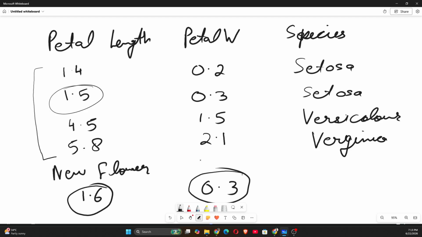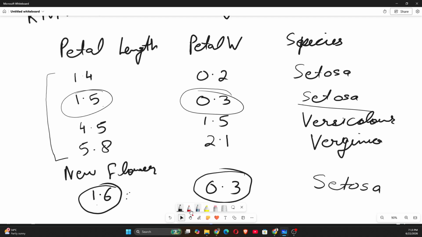Petal width 0.3. So it would be Setosa. You might have got what k nearest neighbor is. It finds the nearest to the value. Nearest to 1.6 is 1.5. A neighbor is something which is nearest to you. In your house you live with a neighbor, which is the nearest. So it finds out which is the closest. So it is Setosa.